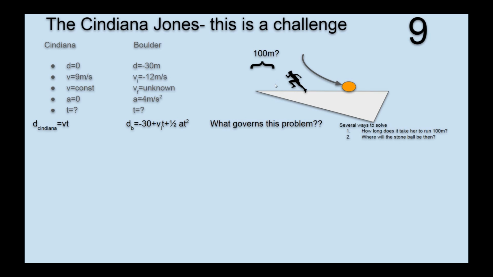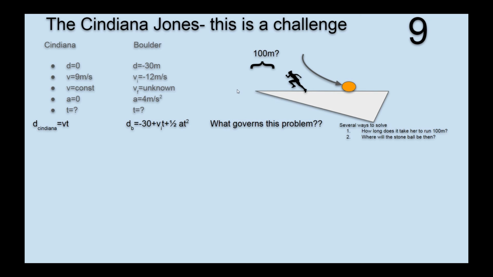So does she get out? Well, the answer is, how long is it going to take her to run 100 meters? And in that time, where does the ball wind up? If the ball is still behind her, she's safe. If the ball is in front of her, she's screwed.